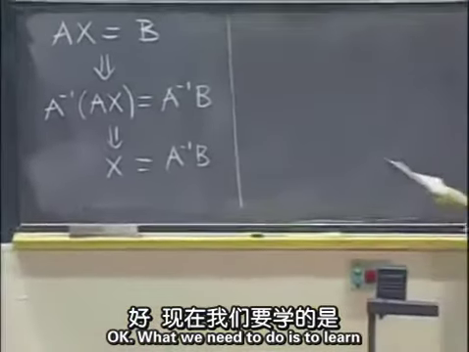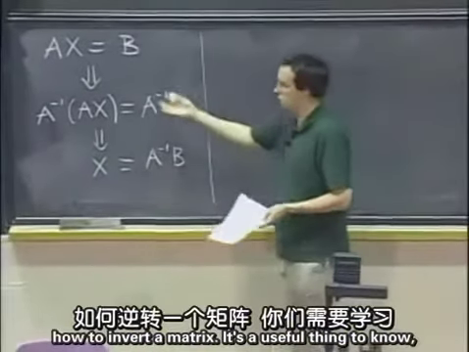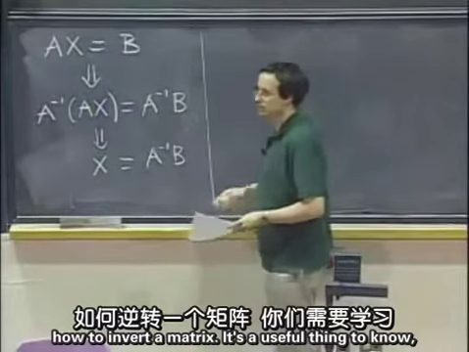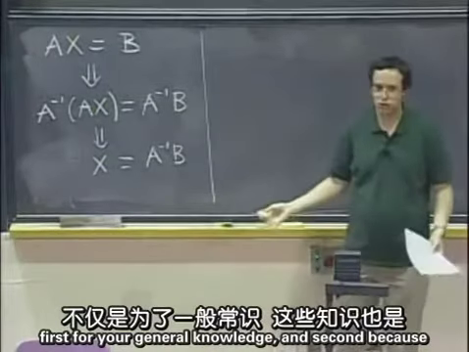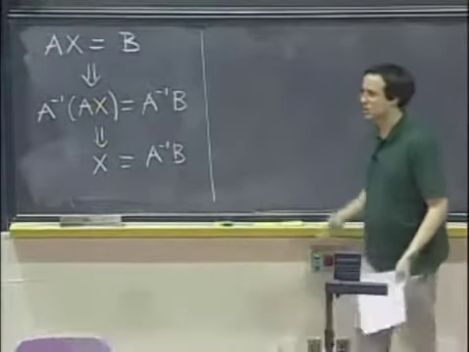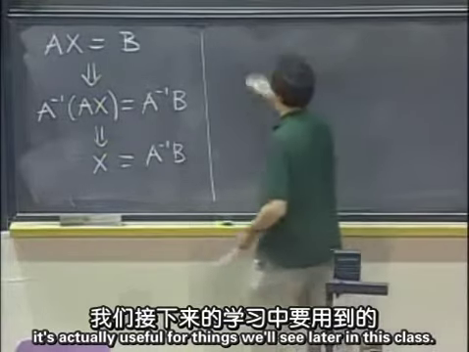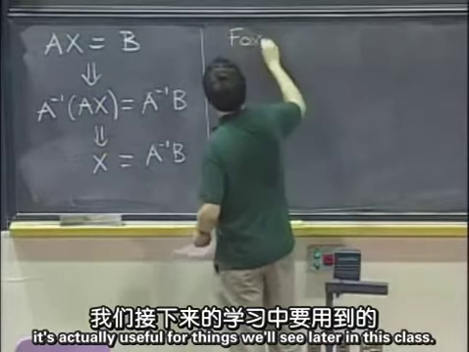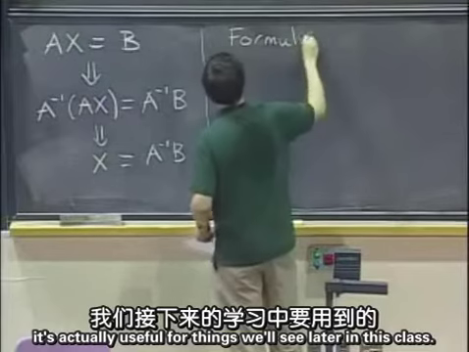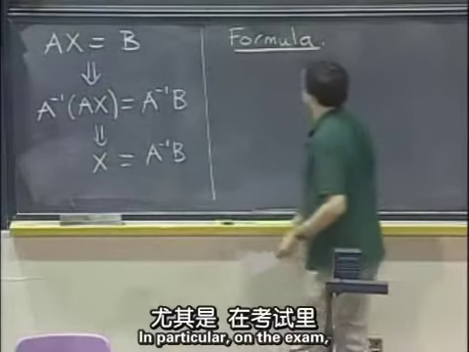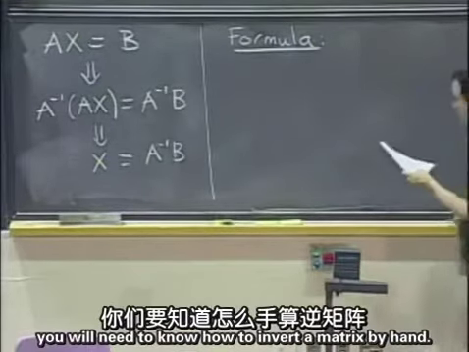So what we need to do is to learn how to invert a matrix. And it's useful to know first for your general knowledge, and second because it's actually useful later for things we'll see in this class. So in particular on the exam, you will need to know how to invert a matrix by hand.